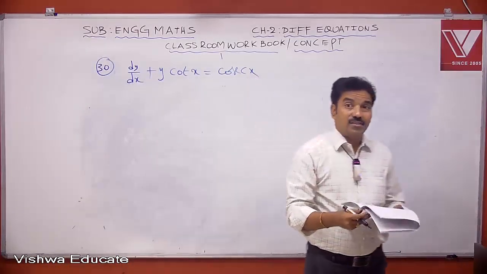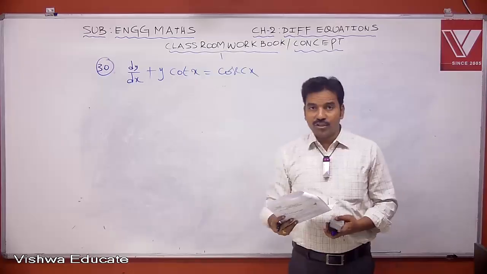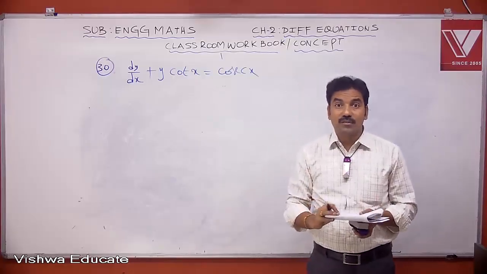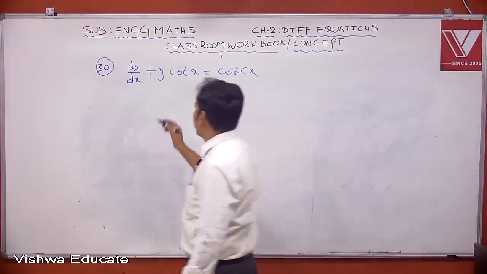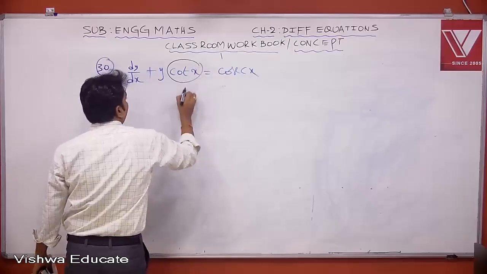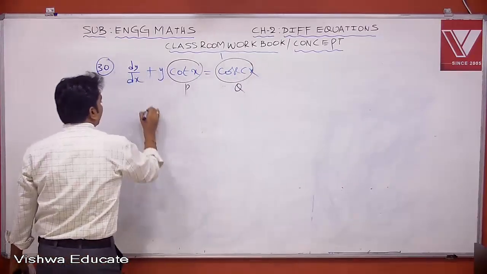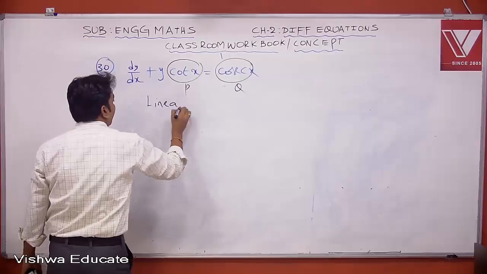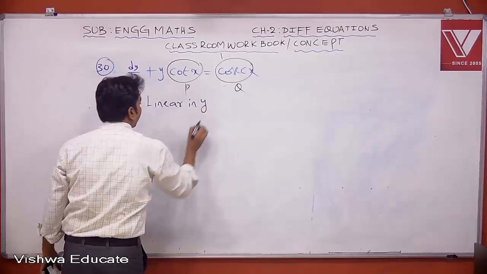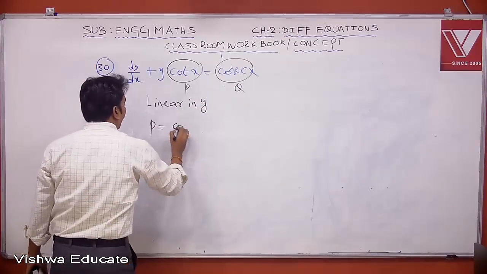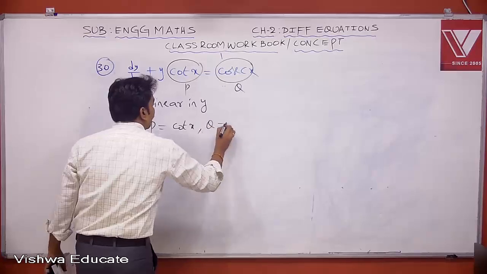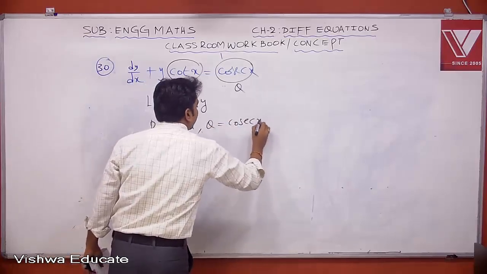Now they ask us directly to find its solution because the answer is given in terms of a general constant c. Now you can see this is p, a function of x, this is q, a function of x. So this equation is a linear equation in y. So here p equal to cot x and q equal to cosecant x.